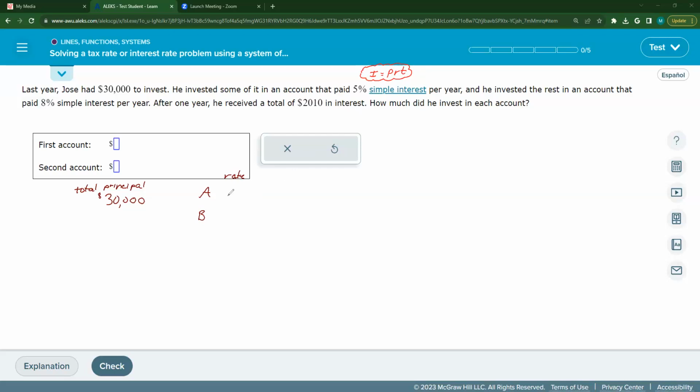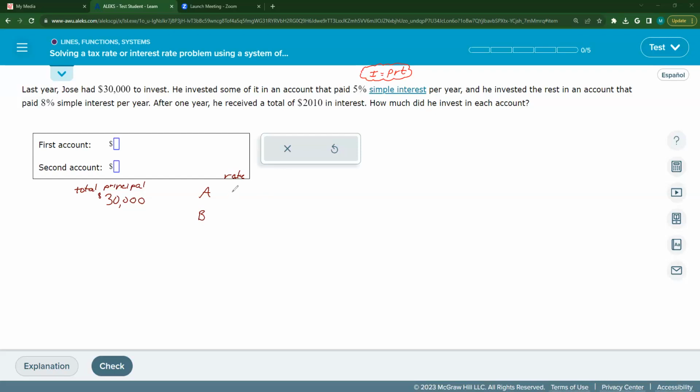The rate at A, just because I'm looking at the question, he invested some of it into an account that paid 5% interest. Now, the way these problems work, normally you would put more money in the one that paid the bigger rate. However, these problems don't always work that way. So I'm going to say we've got to find both of them. So he invested some of it in an account that paid 5%.